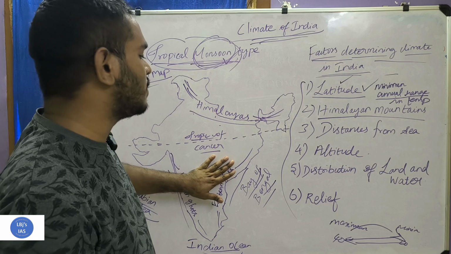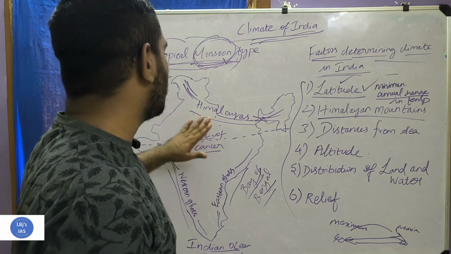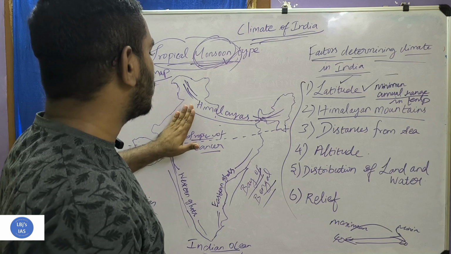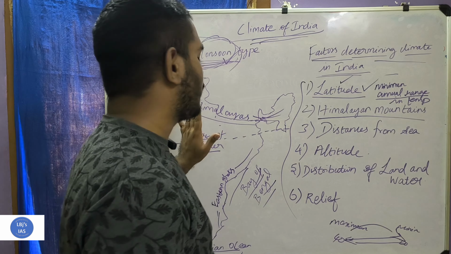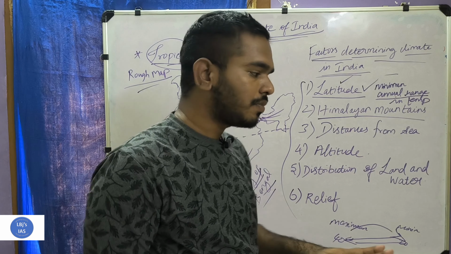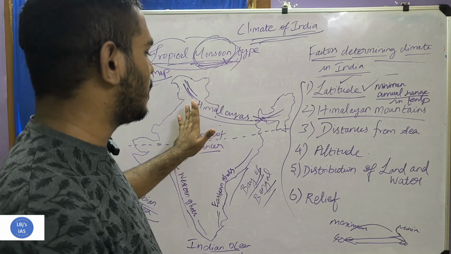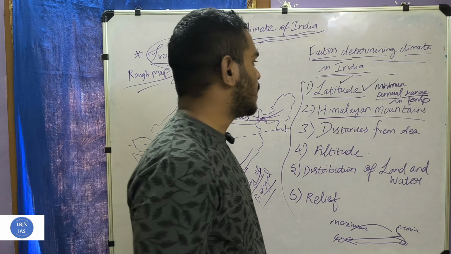But the north side, which lies to the north of the Tropic of Cancer, receives less temperature when compared to the south side.